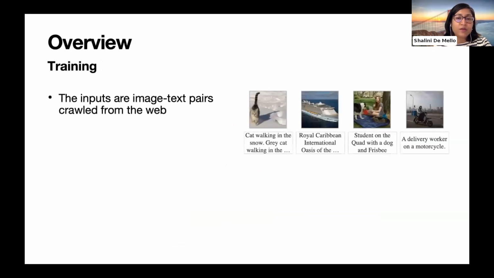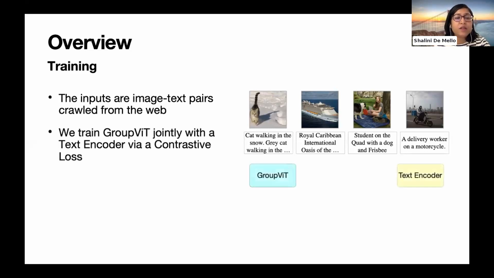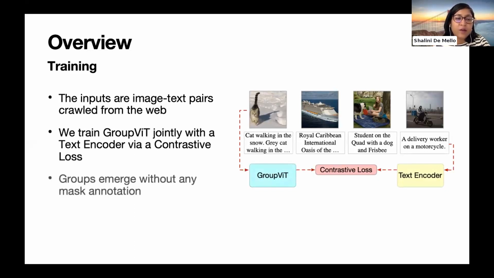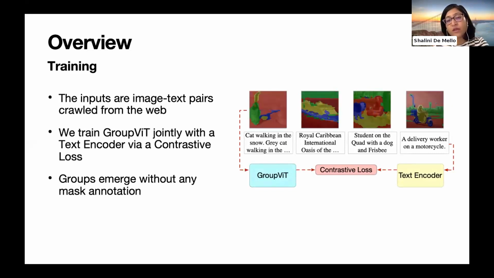So the whole procedure of how GroupViT was trained is as follows: we're given image text pairs that we've crawled from the web. In our case, we had around 30 million image text pairs. We trained GroupViT jointly with a text encoder via contrastive loss. And we found that during the process of training with our special GroupViT architecture, the semantic segmentation groupings, bottom-up groupings, emerge simply by learning with text supervision.